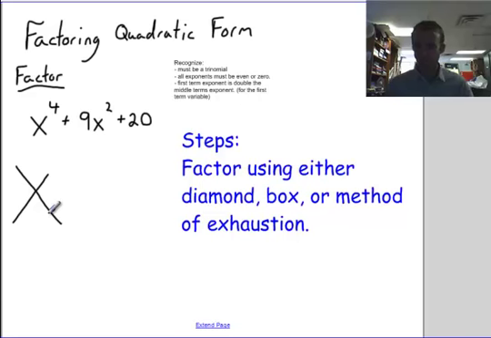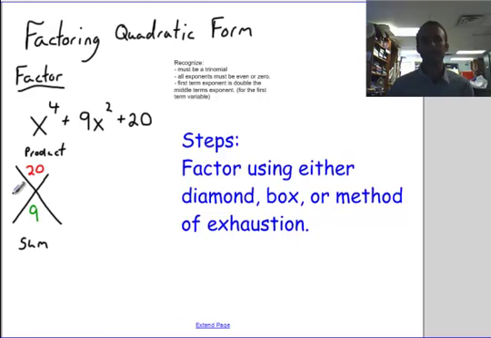With the diamond method, the sum goes down here and the product goes up top. So the product right here is 20 and the sum is 9, so I'm going to put 9 down here.